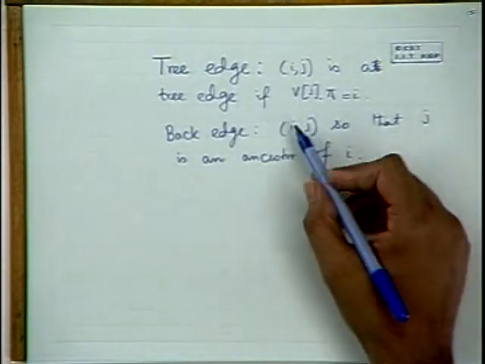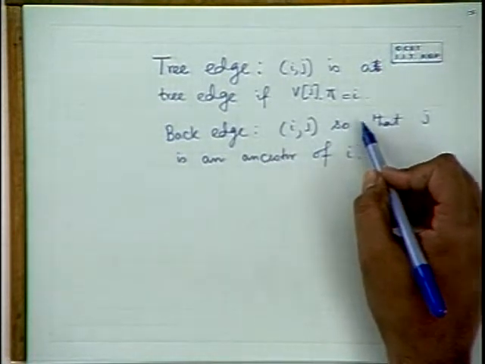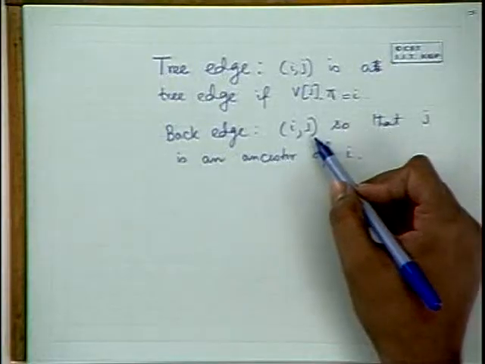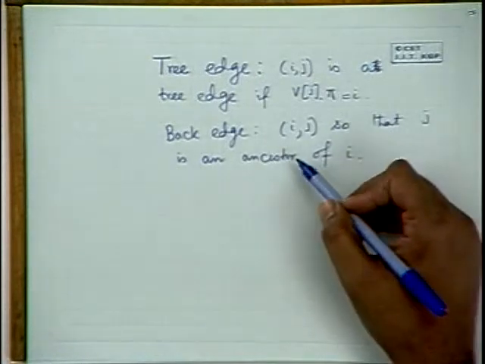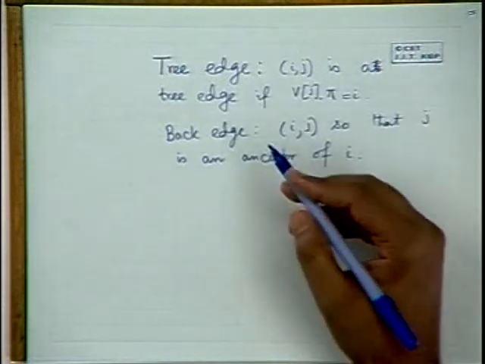So if you draw only the tree edges, it gives you a tree. Actually, if there are more than one component, it will give you a spanning forest. So in that spanning forest, we can talk about children, we can talk about descendants, which are also ancestors. So Ij is a back edge if j is an ancestor of i. So you are going up the tree, it means.